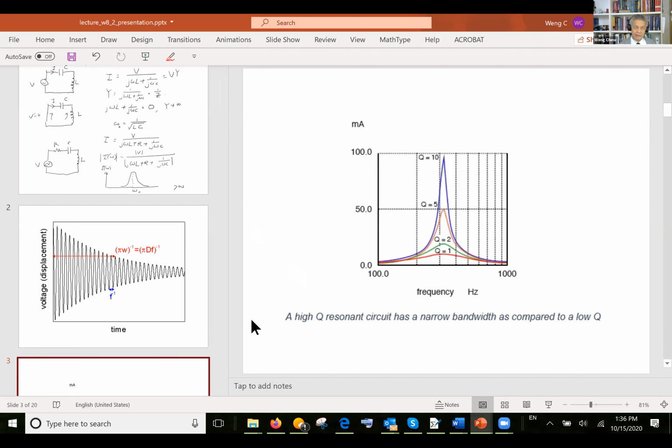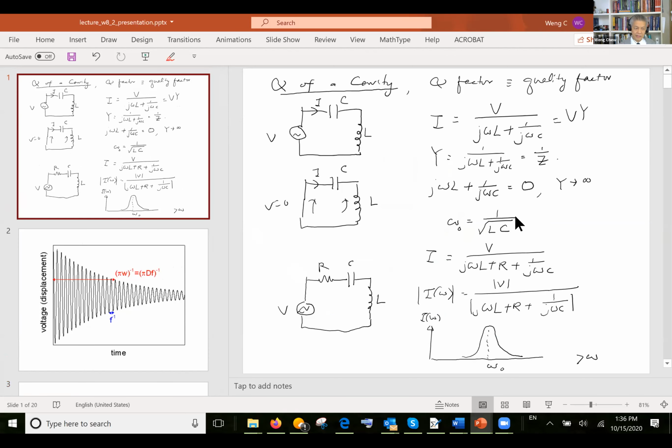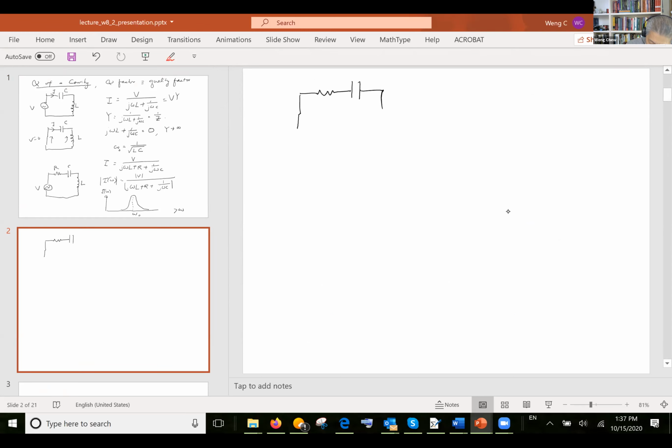And when there is loss, the signal actually is decaying with time. If you were to look for the natural solution of this circuit, you will now turn off the voltage and ask for when is there a current that can flow in this circuit.